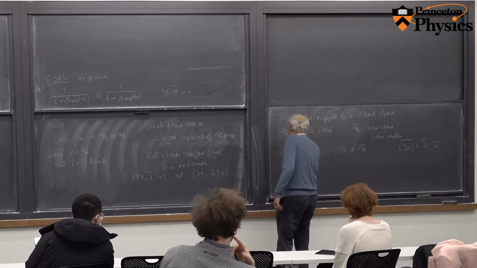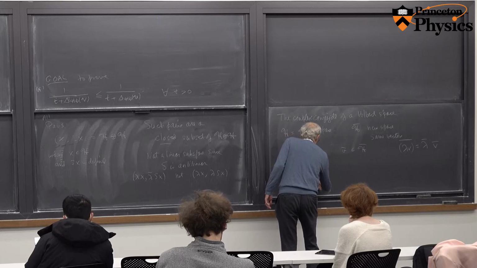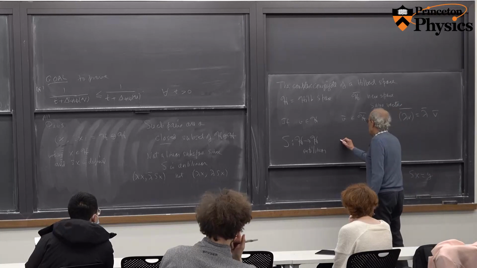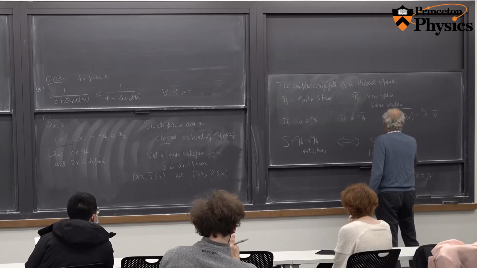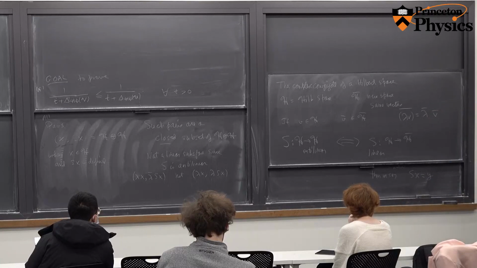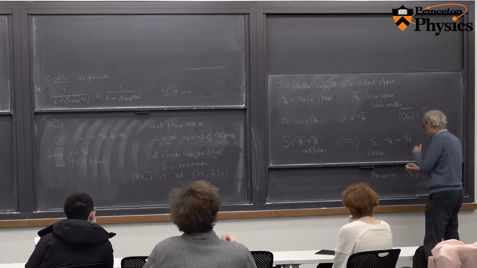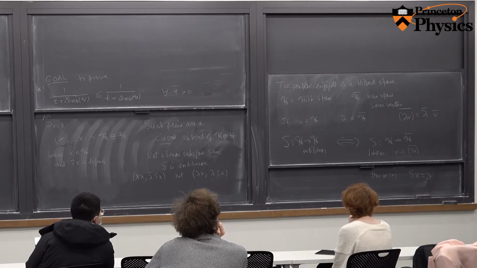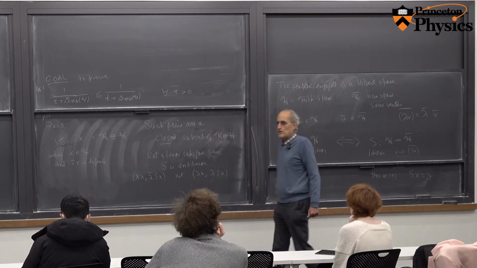Now, the point of that is that I defined S as an antilinear operator from H to H. But that's the same as saying that S is a linear operator from H to H bar. I just map x to the vector in H bar that corresponds to Sx. And that's a linear map from H to H bar. So we now look at pairs x and Sx regarded as vectors in H plus H bar.